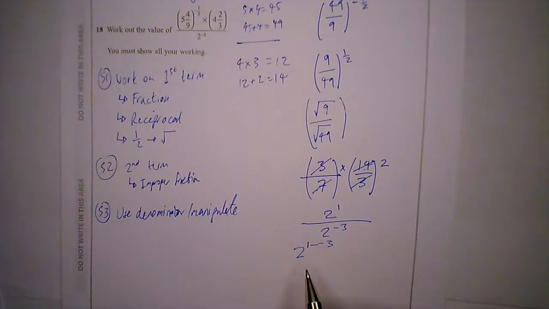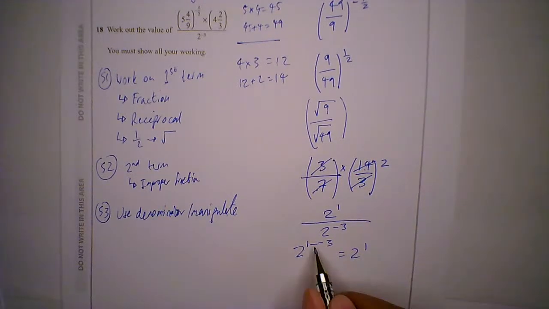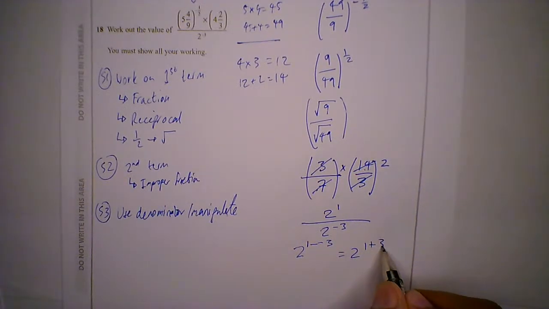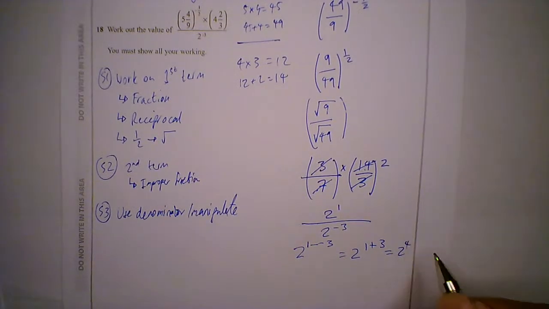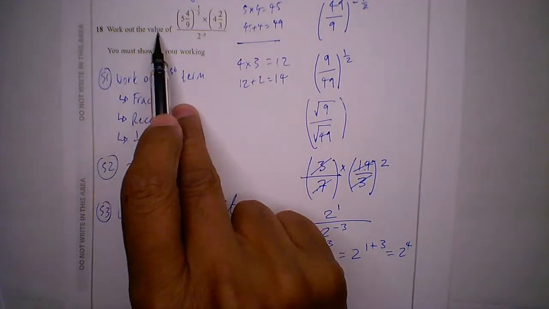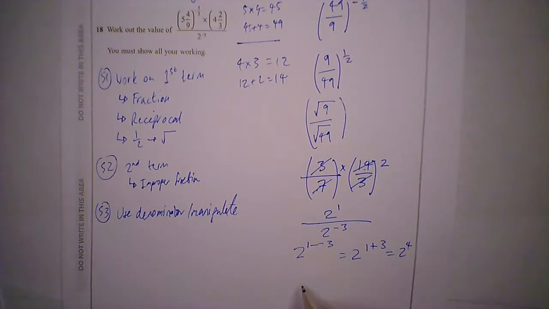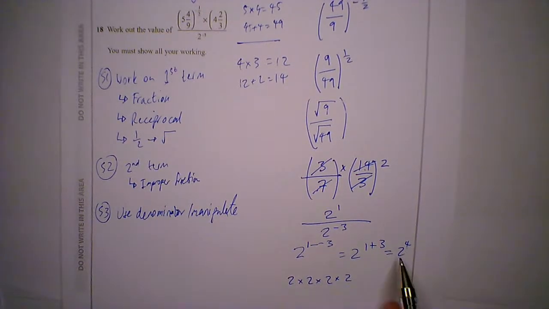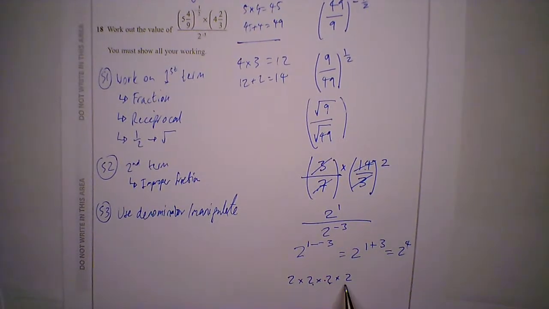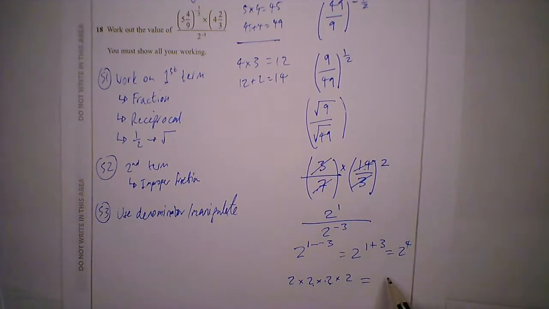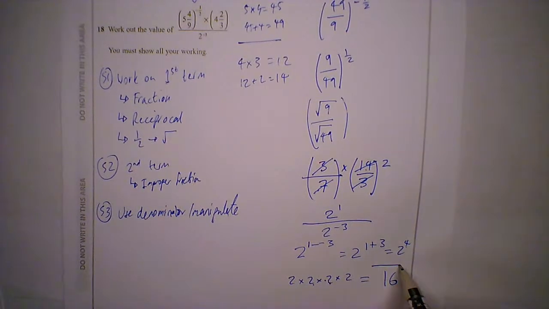And so I can see here 2 to the power 1, a negative and a negative makes a plus 3. So that's 1 plus 3 is 4, so 2 to the power 4. Work out the value. So the value is going to be 2 times 2 times 2 times 2. 2 times 2 is 4, times 2 is 8, times 2 is 16. My final answer is 16.